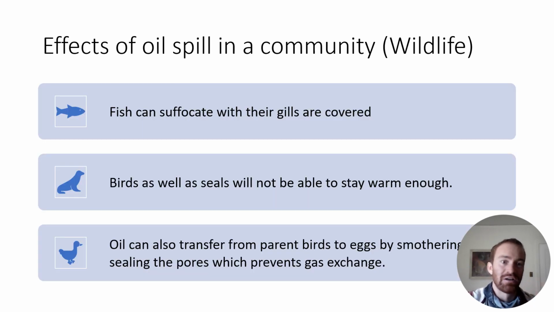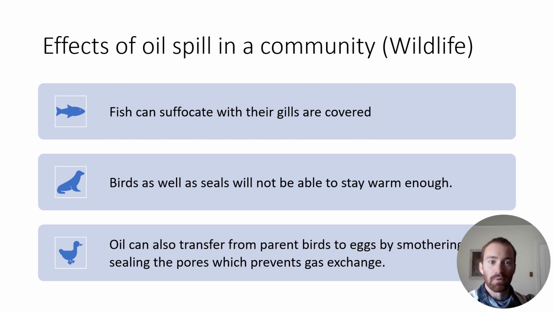Oil spills also affect local wildlife. Some examples of this would be oil particles clogging a fish's gills so they cannot breathe and they suffocate. The oil will also get stuck on birds as well as sea lions to the point that they cannot stay warm in the water and possibly freeze or drown.